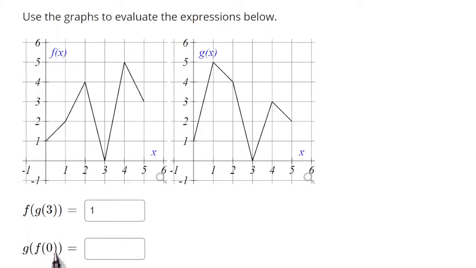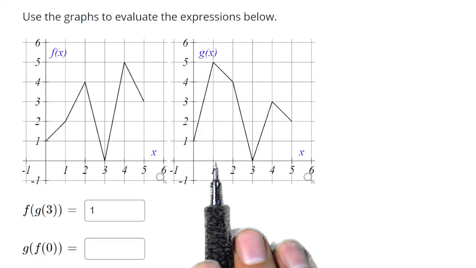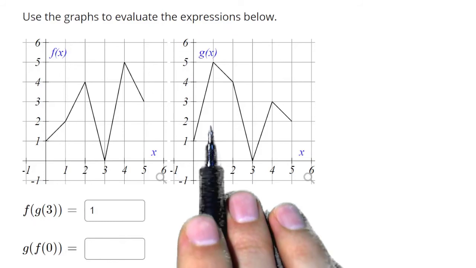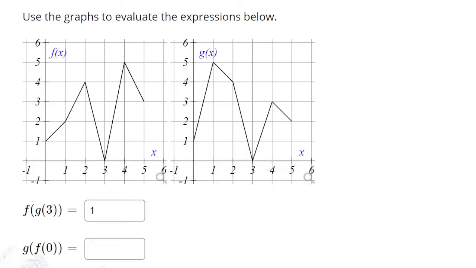So f of 0 is the same as 1. So what we're really computing here is g of 1. What's g of 1? It's the height of the graph of g above 1. Well, that's 5. So g of f of 0 is 5.